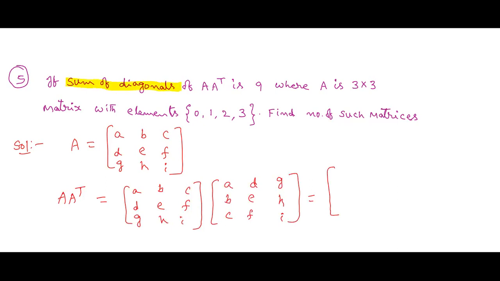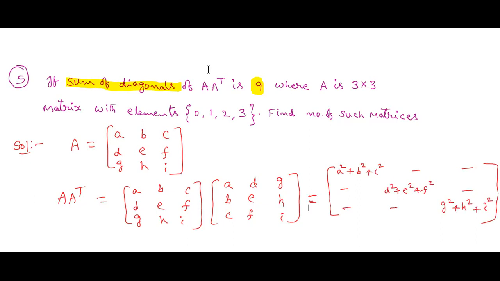The sum of diagonals of A into A transpose is 9. Now multiply these two, we get a square plus b square plus c square. This is the first element. The remaining two are not needed. Multiply these two, here you will get d square plus e square plus f square. The others are not needed. Here, g square plus h square plus i square. This is A into A transpose.